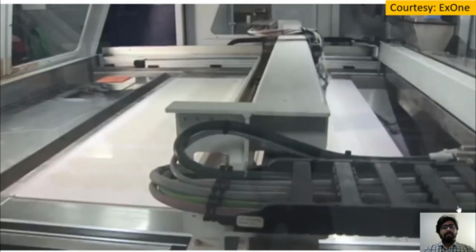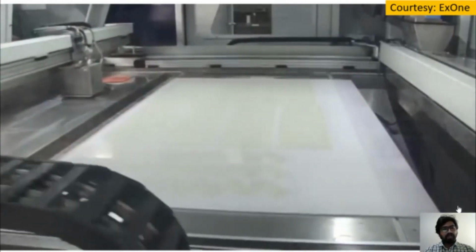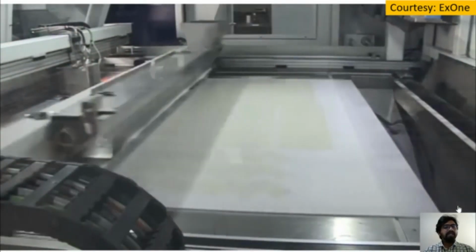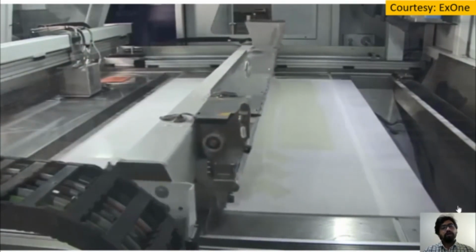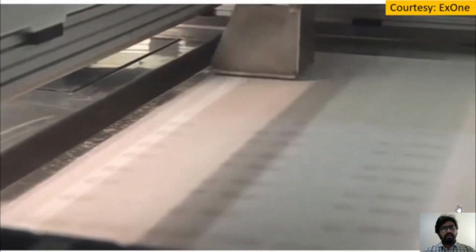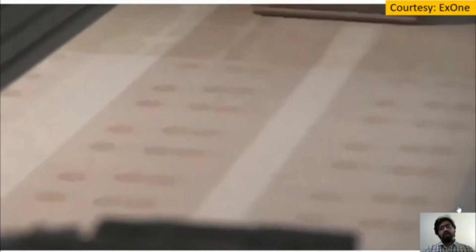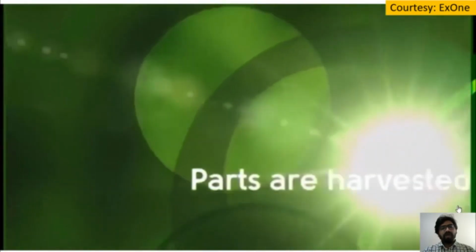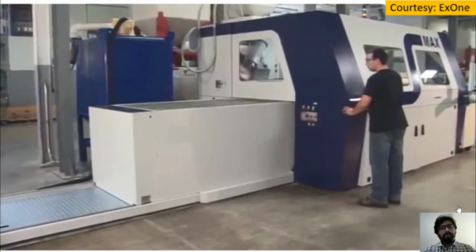Here you can notice that the entire print head has to move back and forth, and it will dispense the binder through multiple nozzles. And then the new layer of the powder will be recoated, as you are seeing here, by utilizing a top feeding mechanism. And then again, the print head will dispense the binder into the cross sections of the portion of the powder bed surface wherever it is required. The process repeats itself, and the entire nested parts in the bed are built.